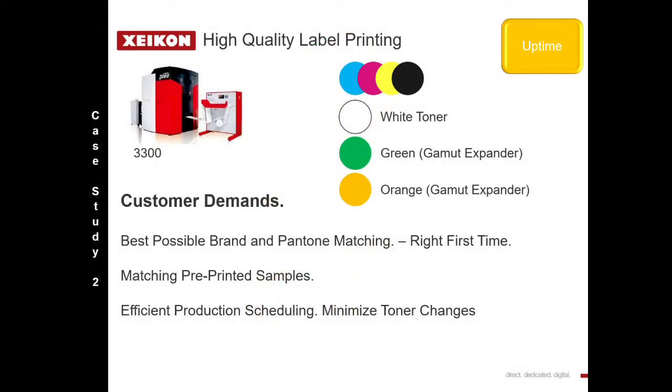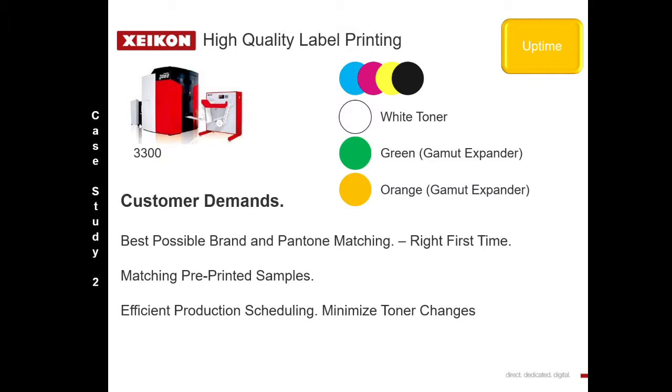So in this particular case study, we have a customer who from day one recognized that for his business and his clientele, he couldn't compromise on color. He needed the best color first time, and so he opted for a wide gamut system because he had the demands from the field.